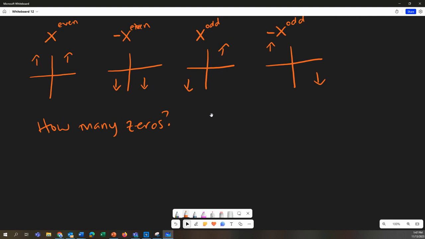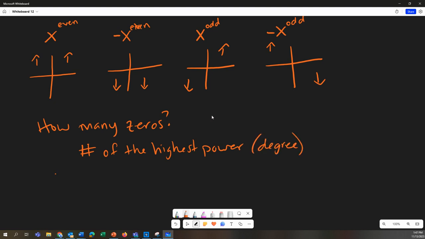Maybe not. Some of them could be doubles, right? So how many zeros? How do you know? It's the number of the highest power, or the degree, the highest degree.